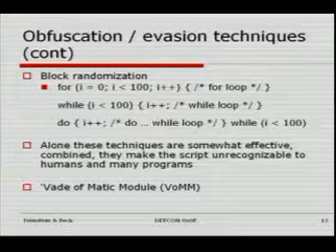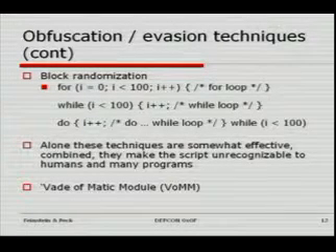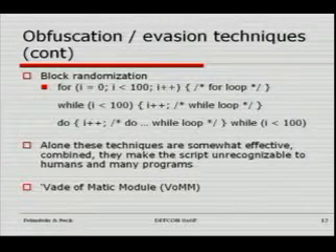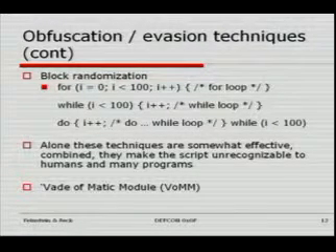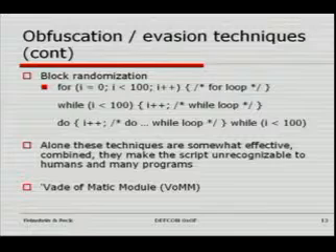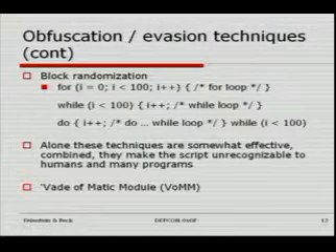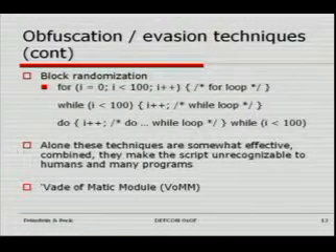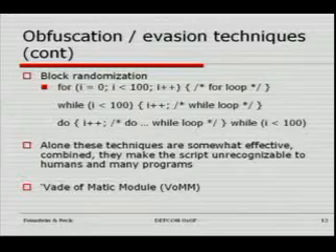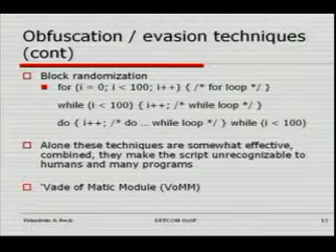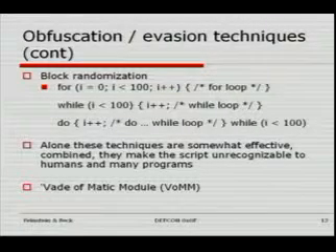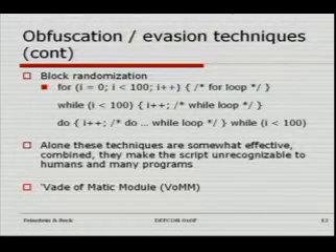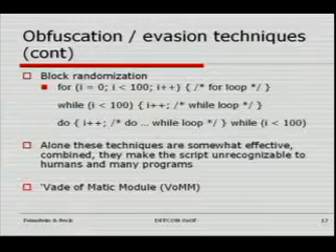On to a slightly more sophisticated cousin here is block randomization. Typically, security technologies aren't going to interpret this JavaScript and walk through loops in it. So, pairing this with string splitting or integer obfuscation, you can create for loops, while loops, do while loops, that within the code of that loop, you're dynamically crafting your payload for exploitation.